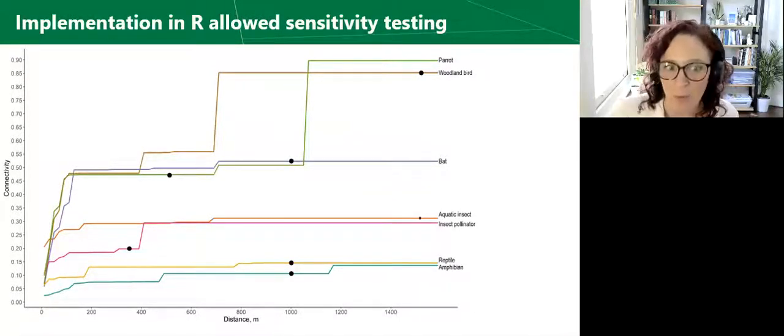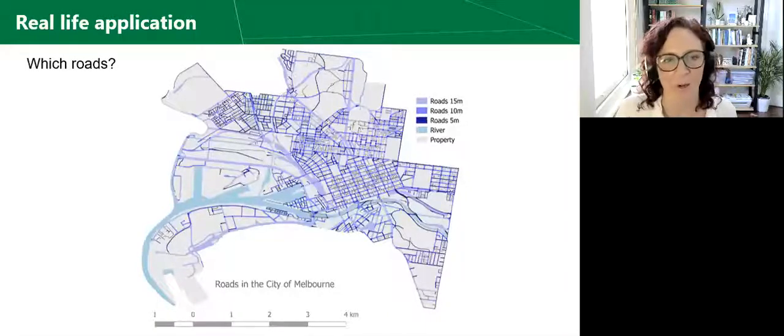Now, the second thing we wanted to do, and this is where it gets really exciting, is that by being able to do this kind of recalculation and comparison of the connectivity of the landscape, we could apply this in a real life application. And so we asked, which roads should the City of Melbourne be targeting in terms of trying to improve their landscape connectivity?